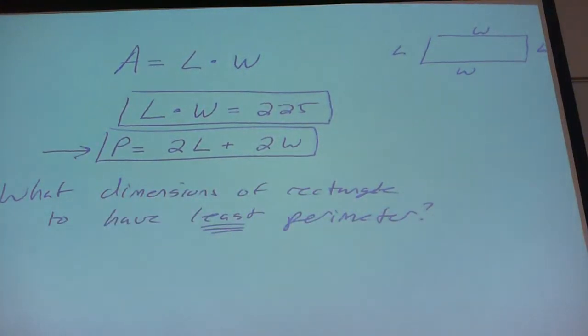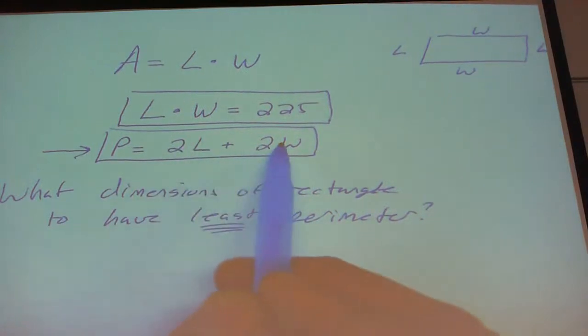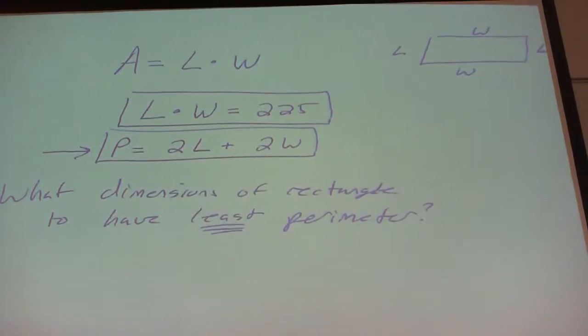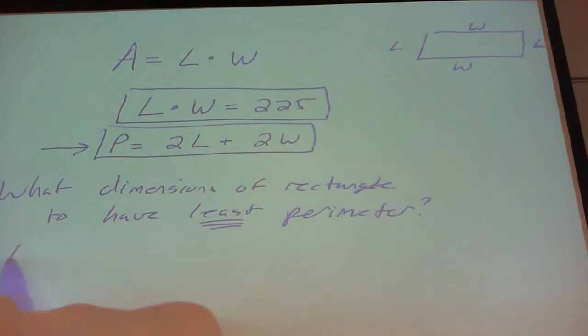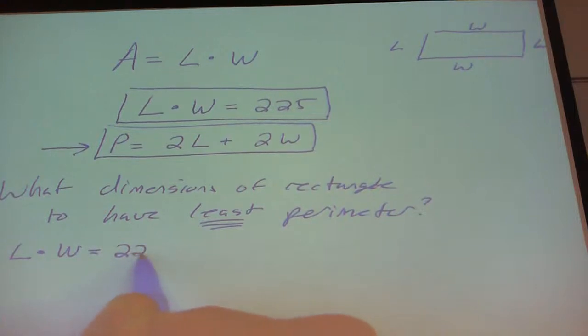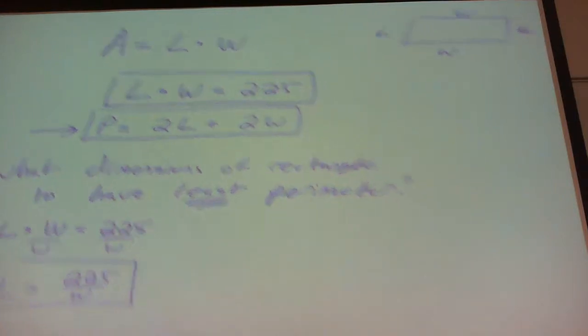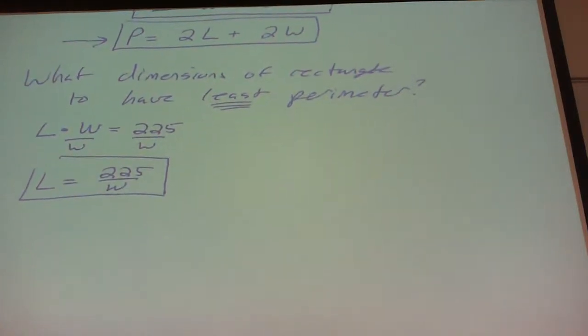But the problem with the perimeter is we have two variables, L and W. I don't know how to solve for two variables. So what we first do is we use the area equation, and let's say we solve for L. Divide by W, we get L equals 225 over W. Why am I doing that?